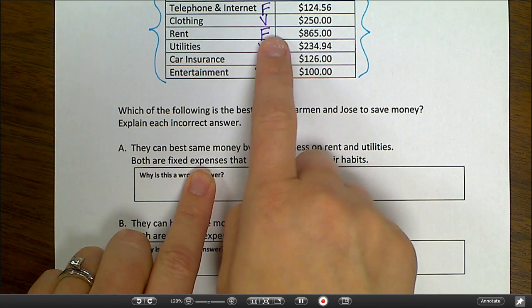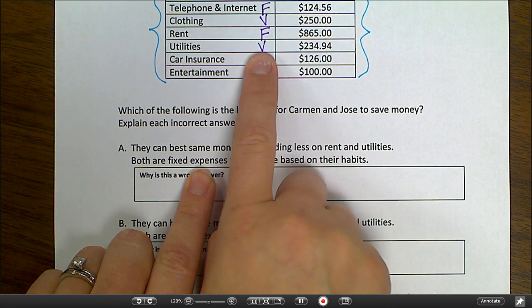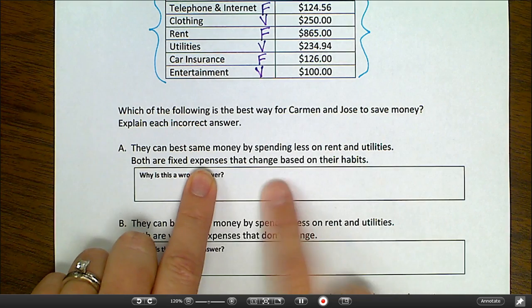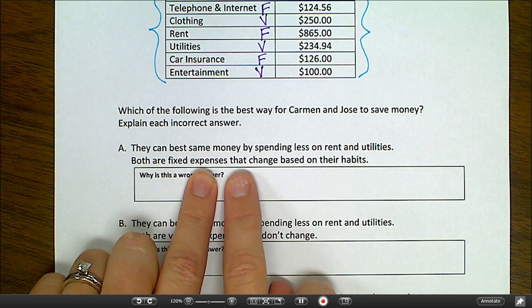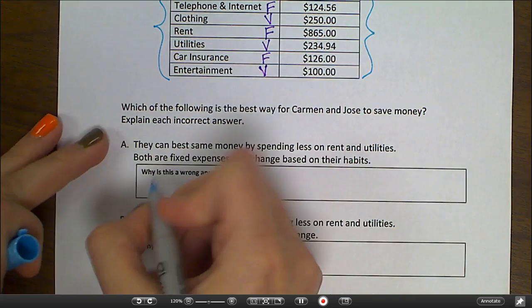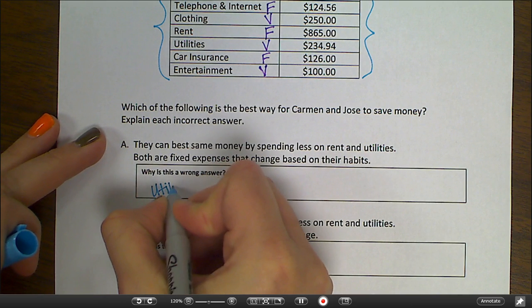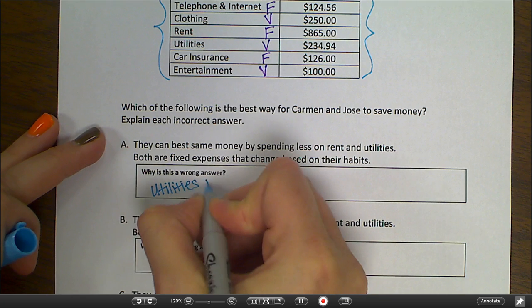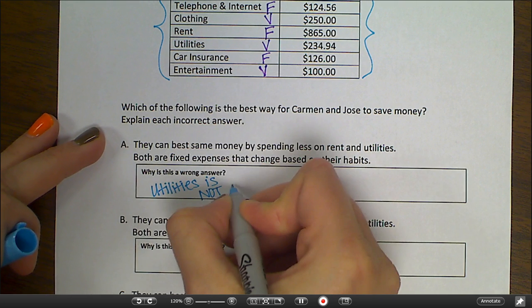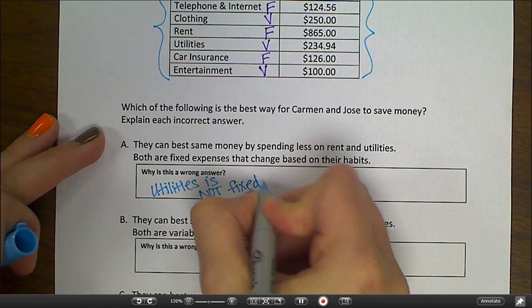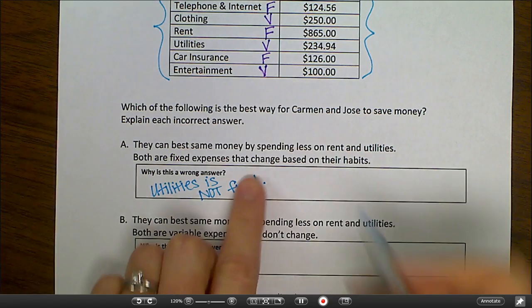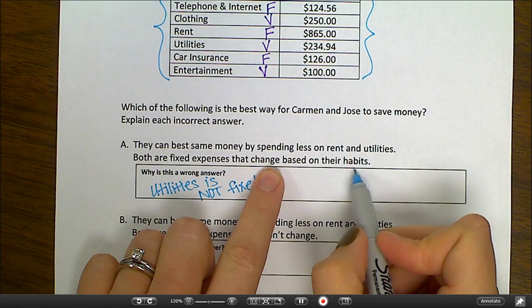Rent is fixed, and utilities is not fixed. That's variable. Okay, so already we know it's wrong. Utilities is not fixed. Okay, but also, do they change based on the couple's habits?